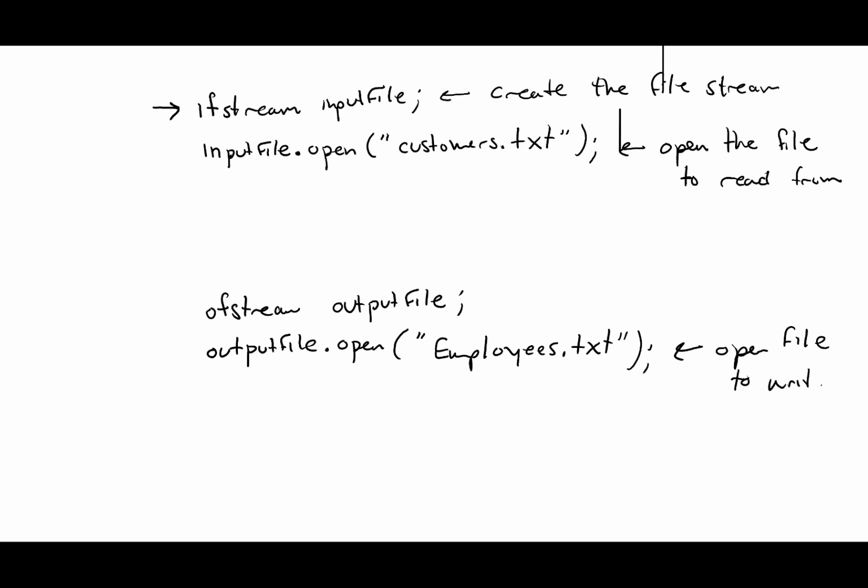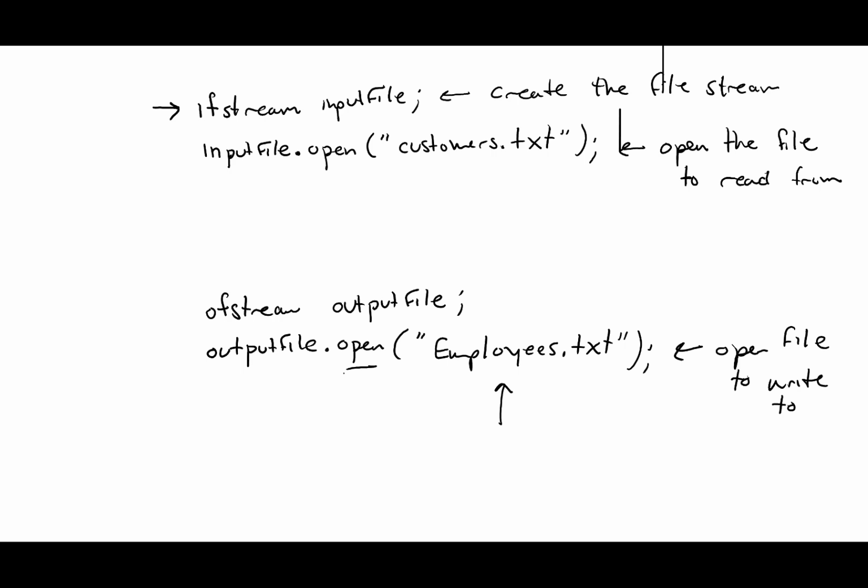And one thing I want to mention is that when we use this open, this is going to create a file to write to. So if the file already exists, it's going to delete the file and create a new one.